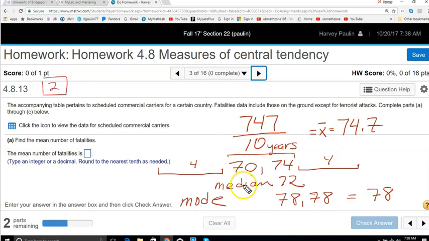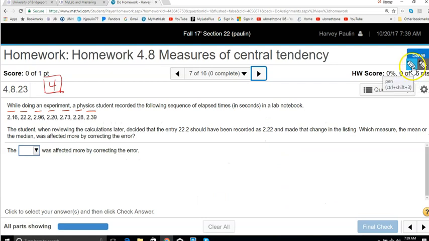And again, I'm just making this up to give you an idea of what an example like this might be like. Now, we're going to skip number 3. That is very similar to number 2, and it doesn't have data. So we'll go on to number 4.